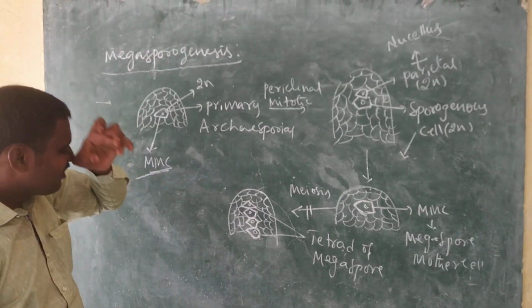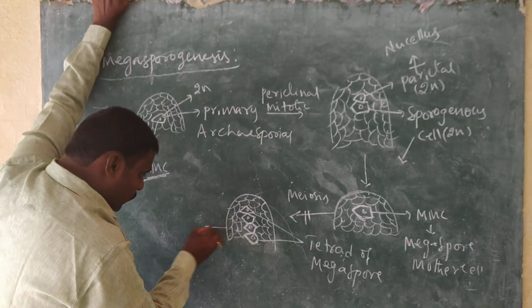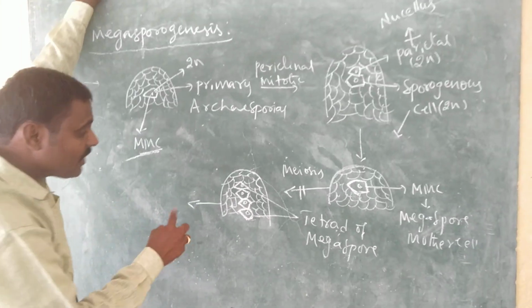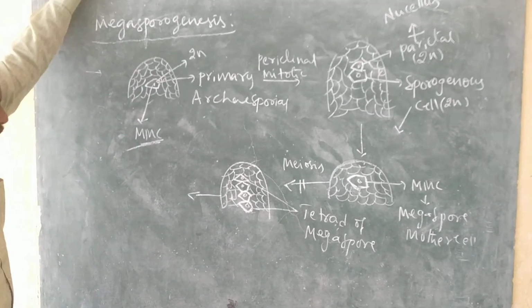Here, how many megaspores are there? Four. But out of these four, three will degenerate, and the remaining one develops into the functional megaspore.